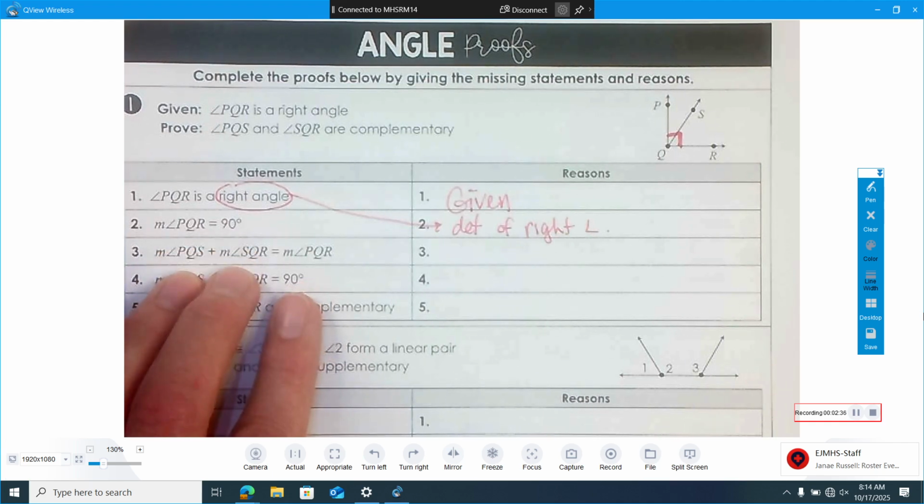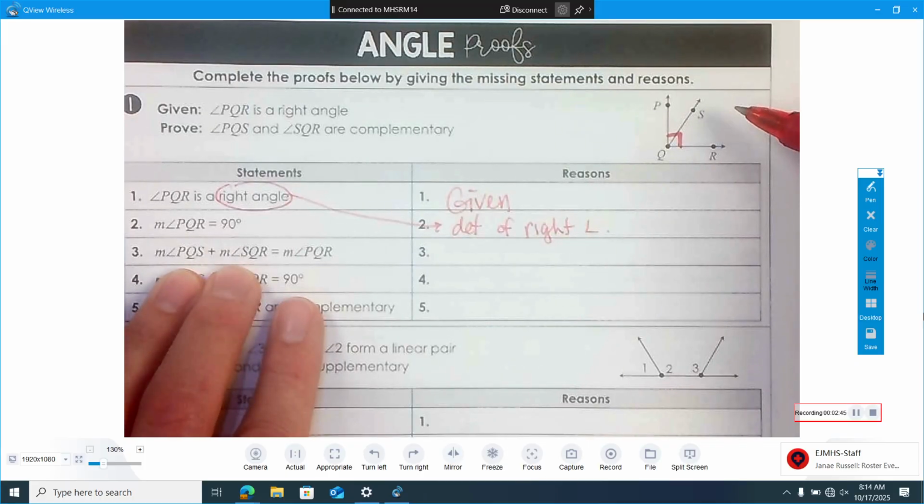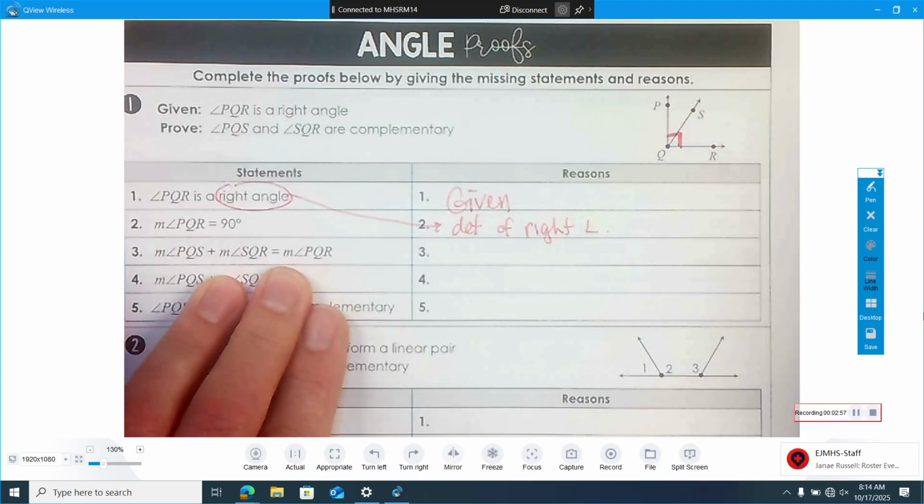All right. Okay, so now when we look at this picture, how could they say that the measure of PQS plus the measure of SQR equals the measure of the whole angle? Angle addition postulate.